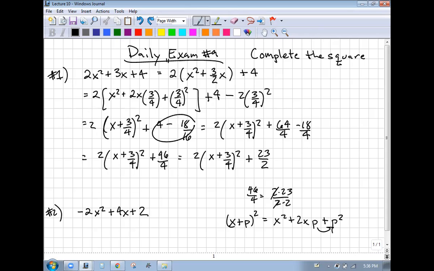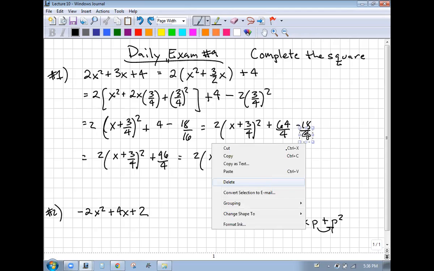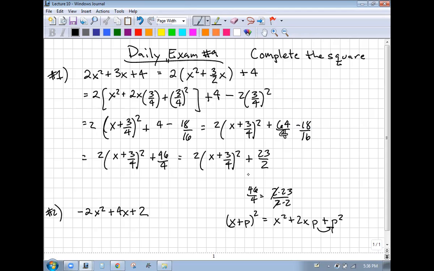Yeah, right here I screwed up. This is 16ths. I knew that answer didn't look right. I multiplied this by 16 over 16, so that makes this wrong and this wrong. We don't even need that. What is 64 minus 18? I just had it. 46.